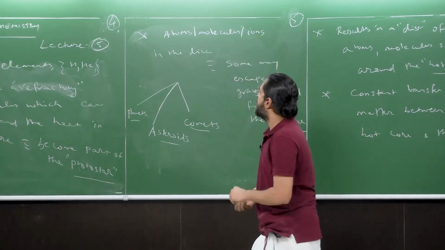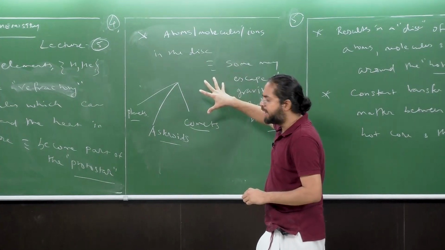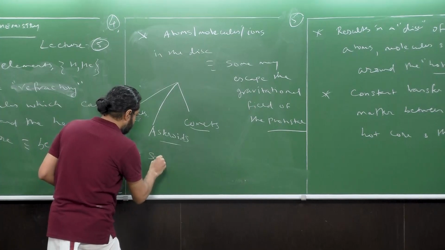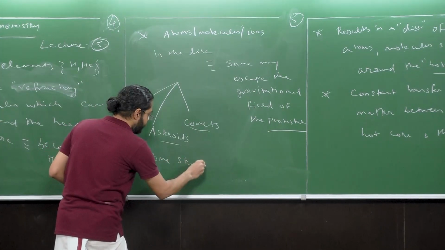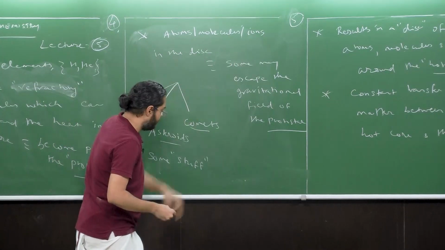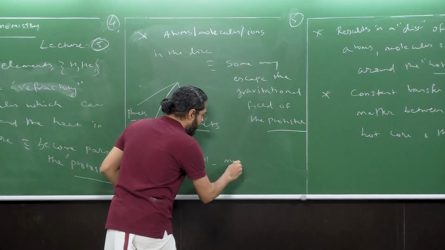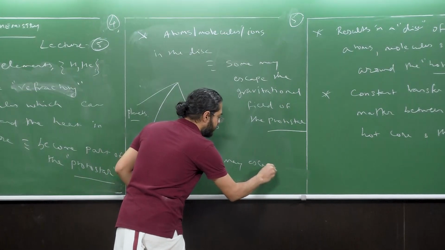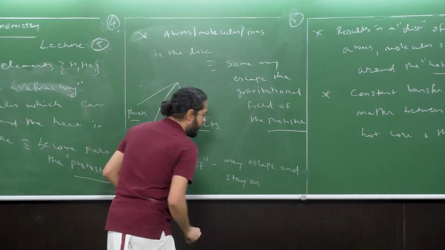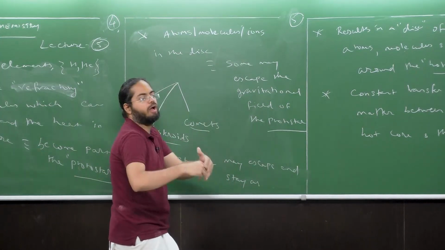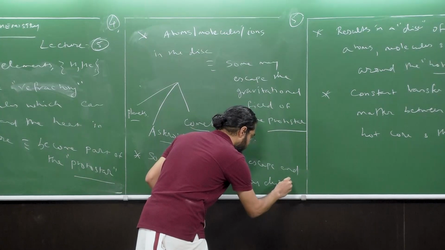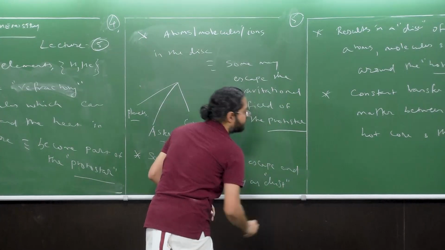And of course, not all molecules may escape to form these. Some stuff, and by stuff here, I only mean a combination of atoms, molecules or ions, okay, right? Some stuff may stay as just interstellar dust and gas.